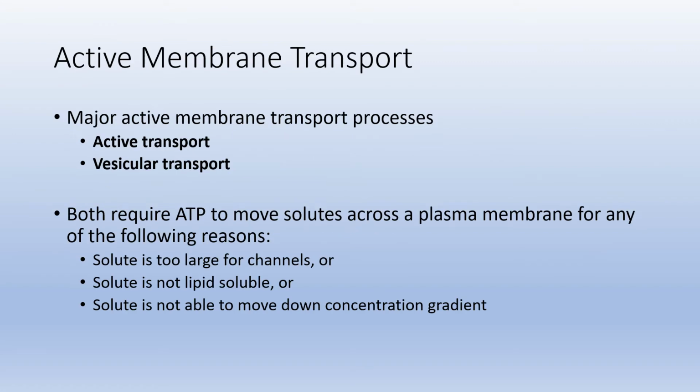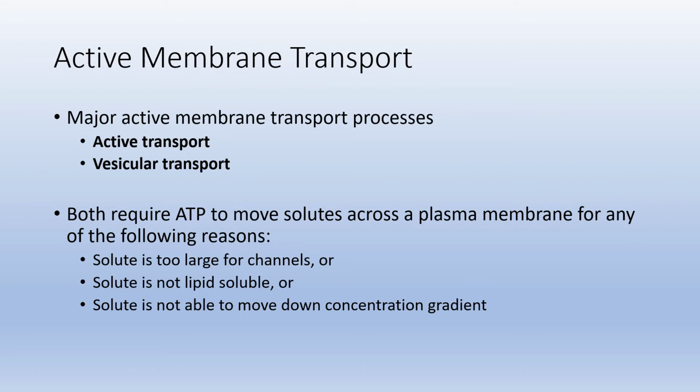Moving away from passive processes and beginning to discuss active processes or active membrane transport, recall that these processes require energy in the form of ATP. Two different types of active processes. We have active transport as well as vesicular transport.